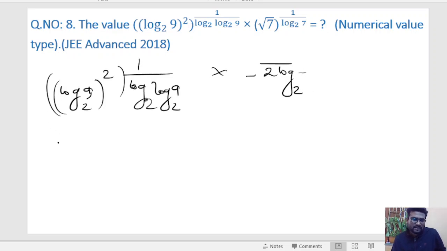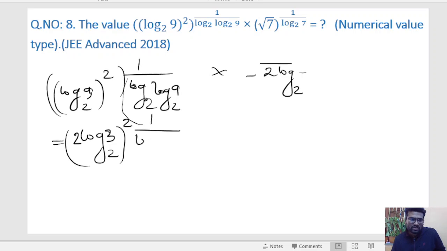This is a numerical value answer. First we take the given part: log 9 base 3 squared, and 2 log 3 base 2.